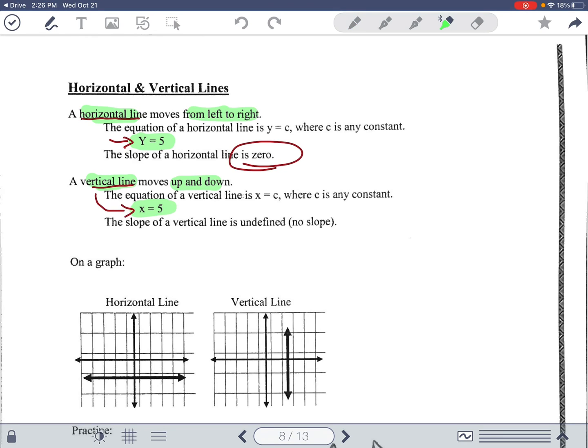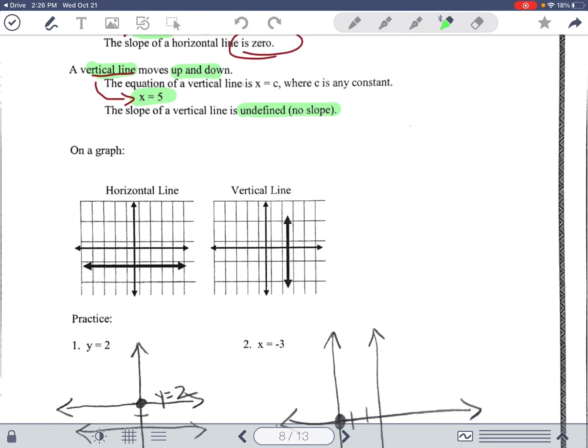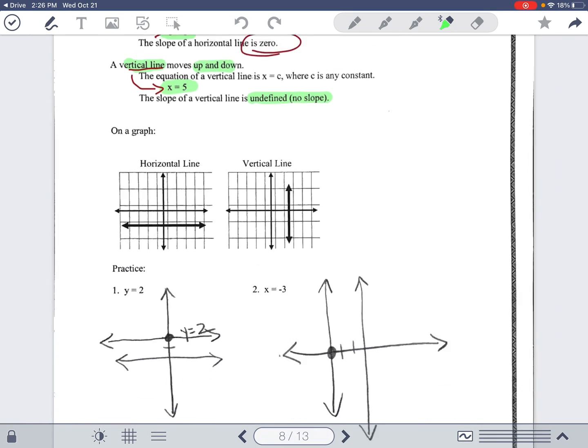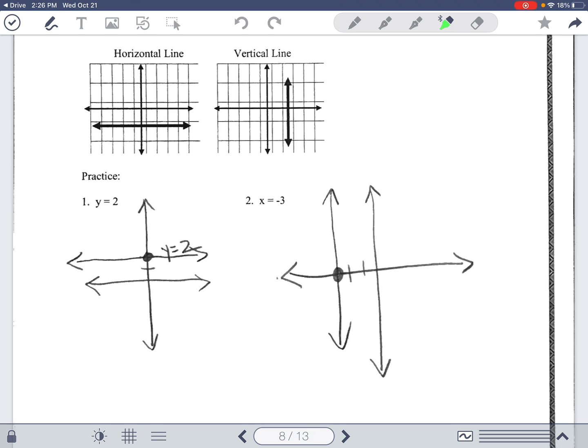And the slope on that is undefined. Okay? So we have a couple examples here. The horizontal line is side to side. Vertical line is undefined. This is a 0 slope. And this is undefined. It's also called no slope.